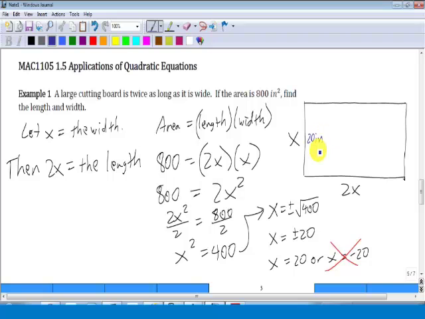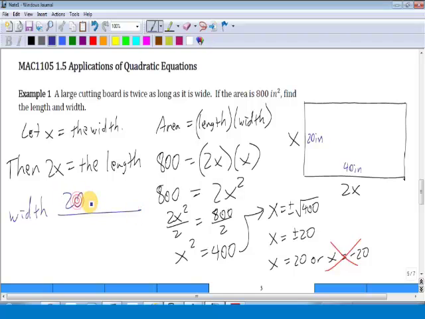If the cutting board is 20 inches in width and twice that, 40 inches in length, the length will be twice the width, and its area, 20 by 40, would be 800 square inches. So that's what we need. It checks out pretty quickly.